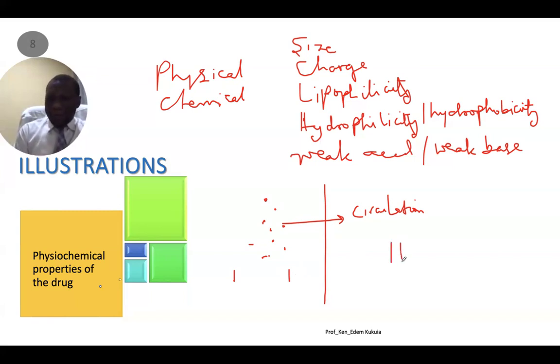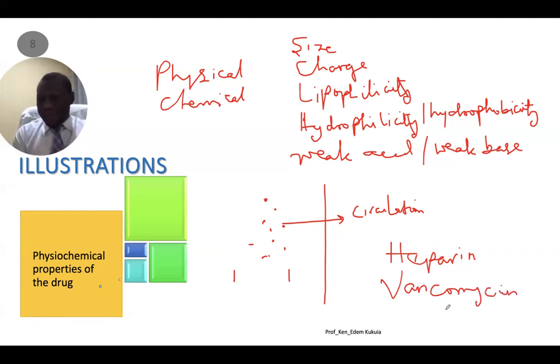An example is heparin, which we use as an anticoagulant. We could also think of vancomycin. We may also think of aminoglycosides. An example of aminoglycoside is gentamicin.